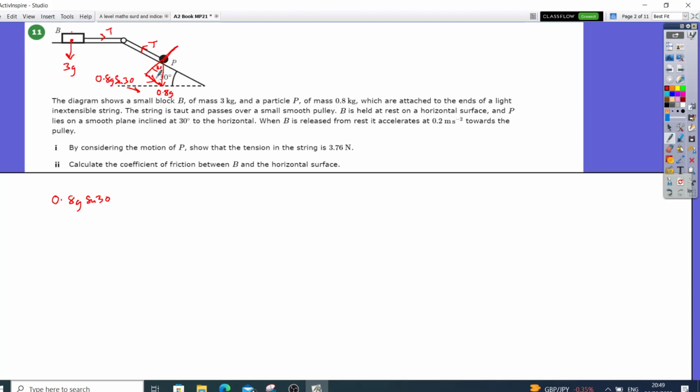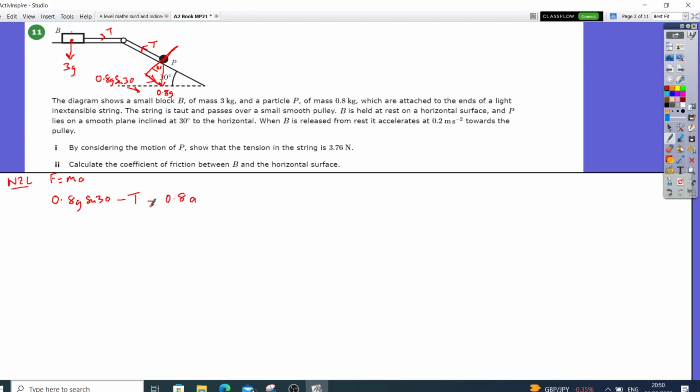What's opposing that is the tension, minus T. And that's going to equal mass times acceleration, 0.8 times a. That's just Newton's second law: resultant force equals mass times acceleration.